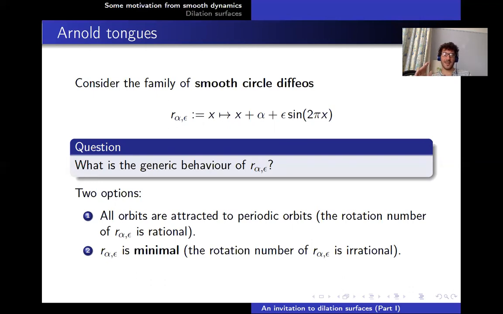Either you have periodic orbits, and your system is essentially eventually periodic. You have maybe a finite or infinite number of periodic orbits, and every orbit that is not periodic limits onto a periodic orbit. This can be made rigorous, and maybe I leave it as an exercise for you. Or it is minimal, as the rotation of angle alpha irrational is, meaning that every single orbit is dense.